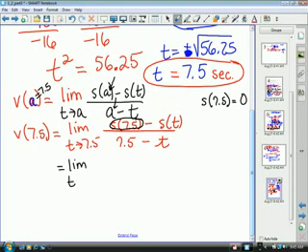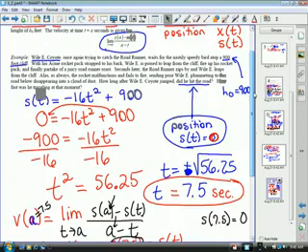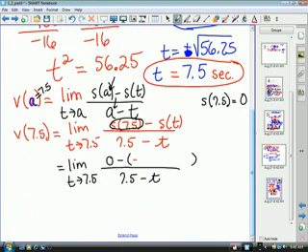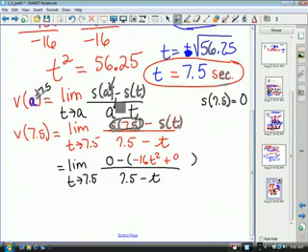S of t is just the function that we had up there a minute ago, which was negative 16 t squared plus, and what was his initial height? 900.